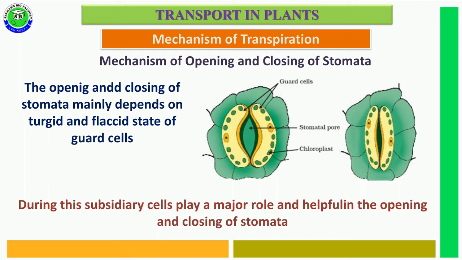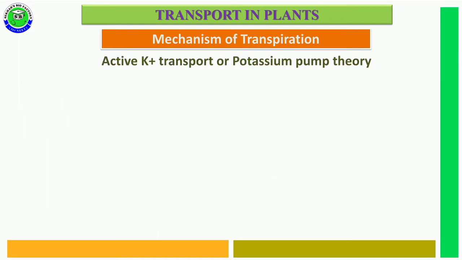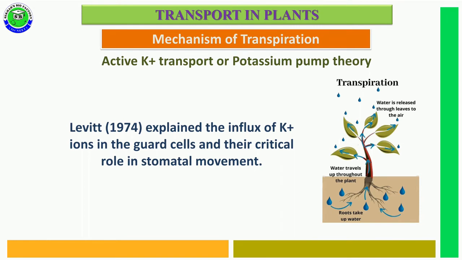Along with this, the gas exchange mechanism takes place for photosynthesis and respiration. The most famous theory to explain the opening and closing of stomata is the active K plus transport or potassium pump theory. This theory was given by Levitt in 1974, and according to him, the influx of K plus ions into guard cells plays a critical role in stomatal movement.